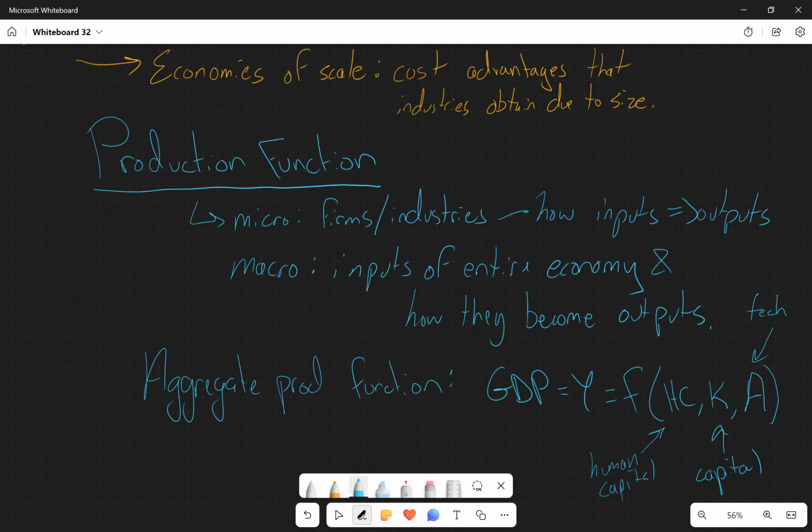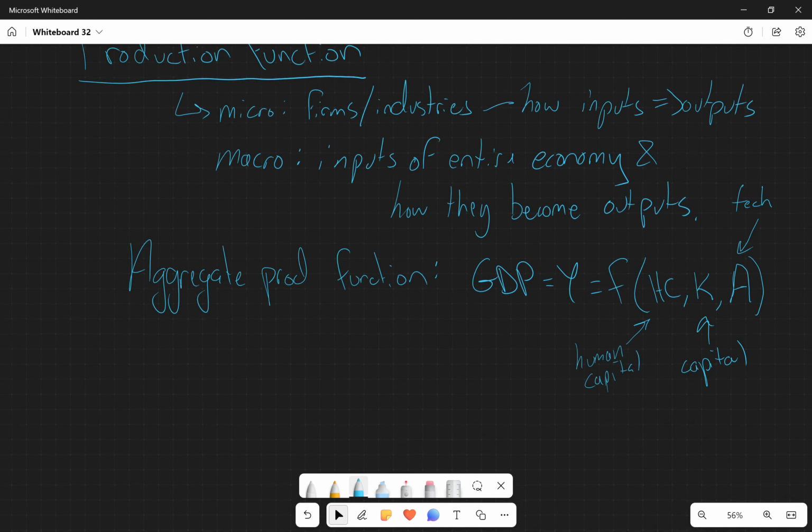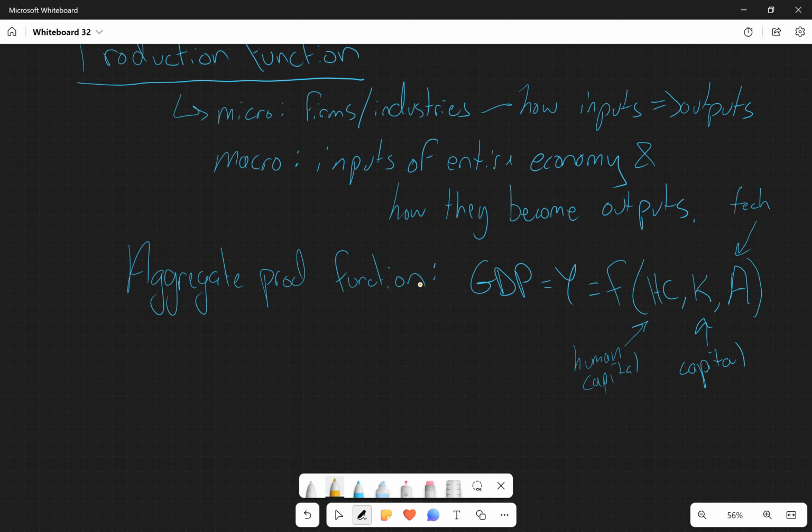So we use this to split apart this GDP into the various elements that it can be, right? The GDP is determined by the size of the workforce. If your workforce is small or sick or leaving the country, right, that's not going to be good for your economic output. It's determined by the human capital of that workforce.